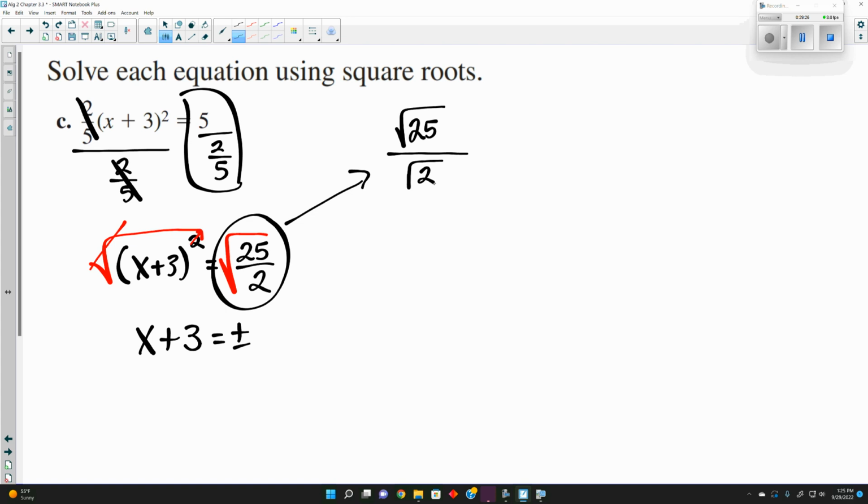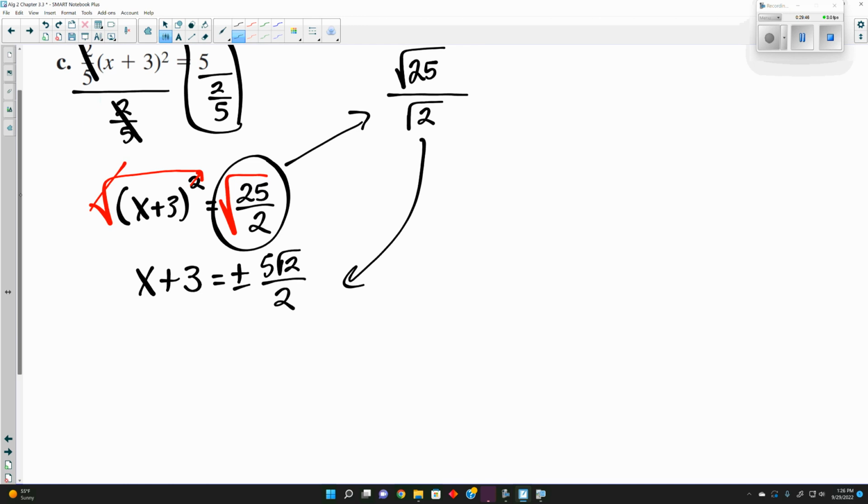Because with our radicals, we can break it up. And we'll want to use the 30XS for this, for the other one, not the graphing. And do the square root of 25 over the square root of 2. So 5 square root of 2 over 2. And this here is in simplest radical form.